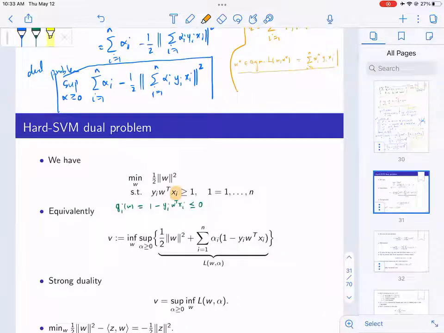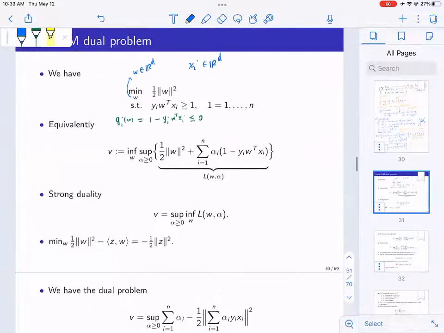But to solve the dual, you just need to know the pairwise inner products. Also, this W is in R^D, where the x_i's are in R^D. This dimension could be very large, but the dual is always n-dimensional. The dimension of the dual variable is equal to the number of constraints that you have. So even if this is very high dimensional, the problem that you have to solve is in n dimensions.